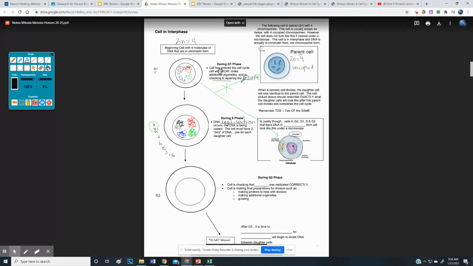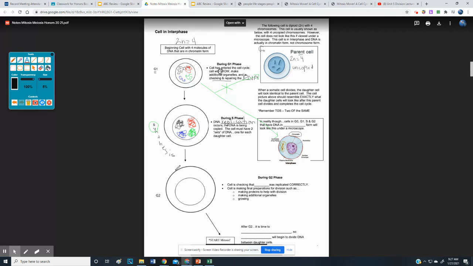So we want to fix the DNA before we copy it, because mutated DNA could lead us to having a cancerous cell. So again, to emphasize, in G1 phase, the cell is growing, it's making some additional organelles, and it's checking, and if there's any mutations in the DNA, it's repairing them. If everything's good with the DNA, the cell goes into the S phase. Then the DNA is actually getting copied or replicated.